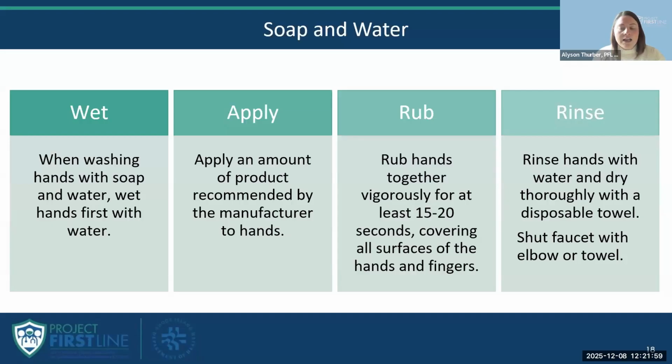Cover all surfaces of the hands and fingers, and then rinse your hands with water and use a disposable towel to dry your hands. Then use that same towel to turn off the faucet if it is a touch or turn knob. Try and avoid using hot water because that can dry the skin, causing cracks.